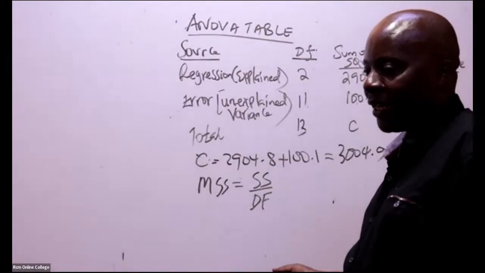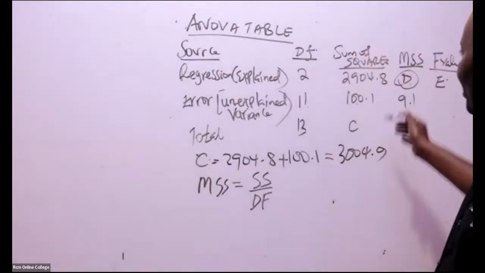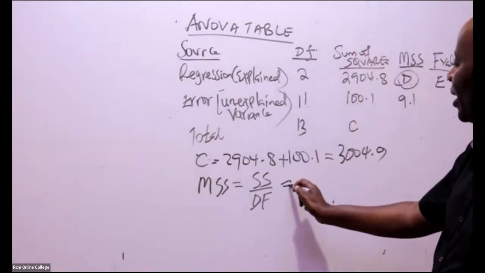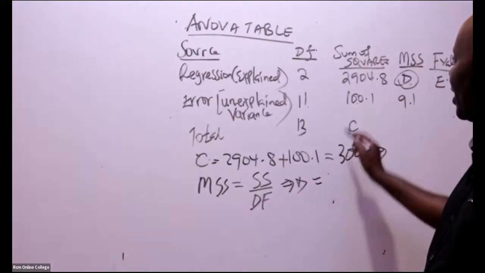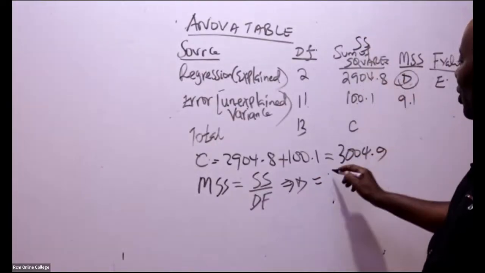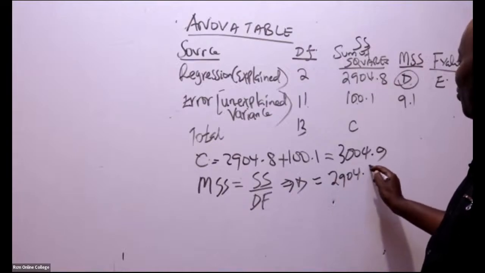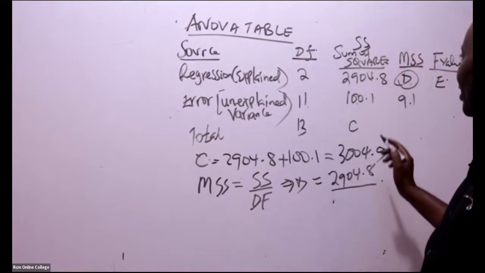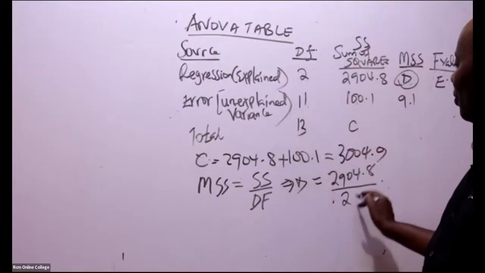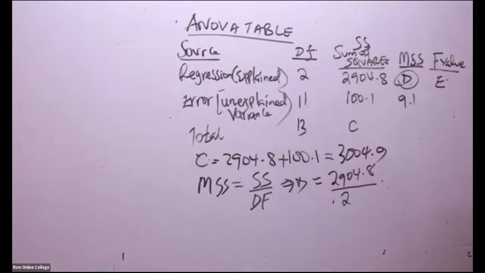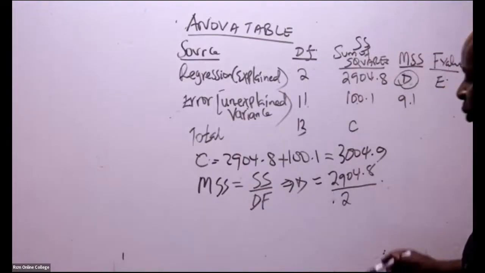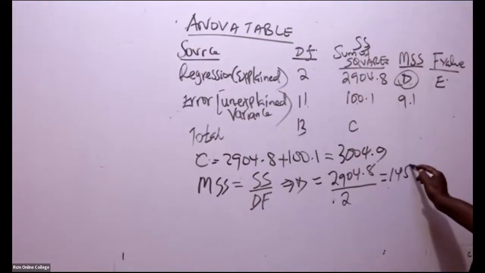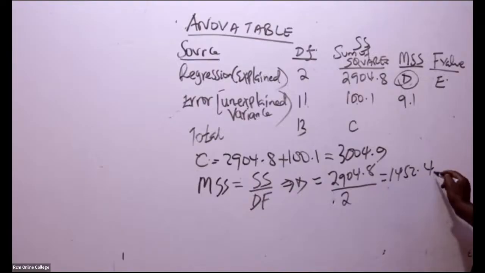So to get this D, which is the mean sum of squares, you will take the sum of squares given here, 2904.8, and divide this by the corresponding degrees of freedom, which are 2. Already somebody has an answer. They are telling me it is 1452.4, like that.